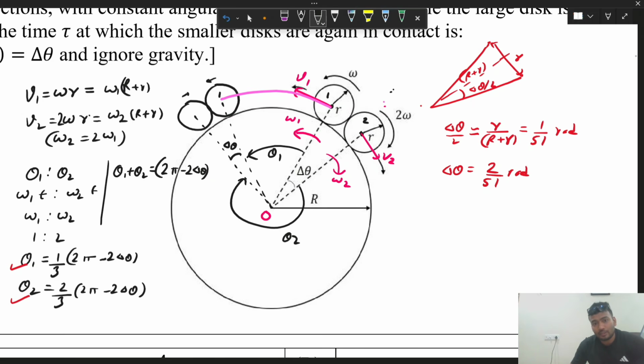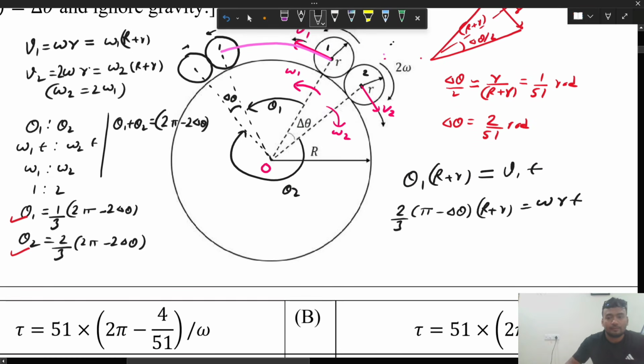With respect to O, I can write that arc length as theta 1 into (r plus r), and that is also equal to the linear distance traveled by the disk, V1 into T. Now theta 1 you can write as 2 by 3 of (pi minus delta theta), then into (r plus r), and V1's value is omega into r, and then T.